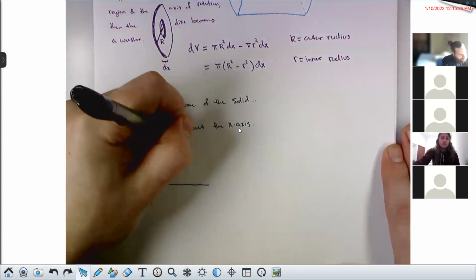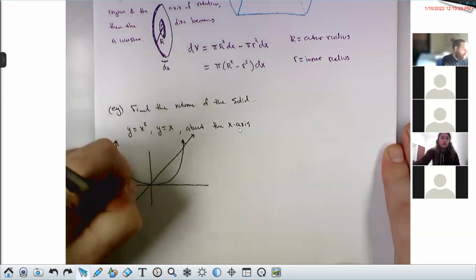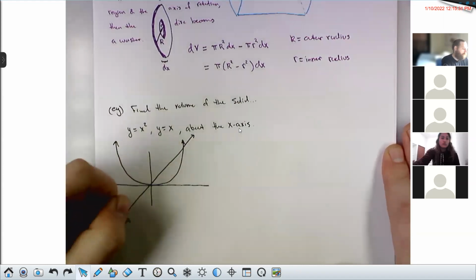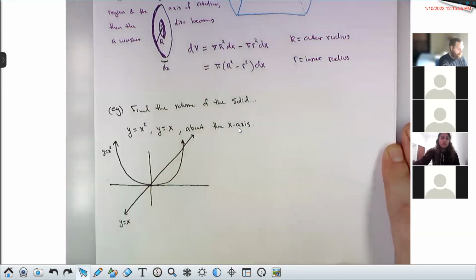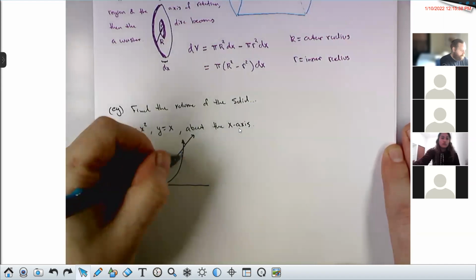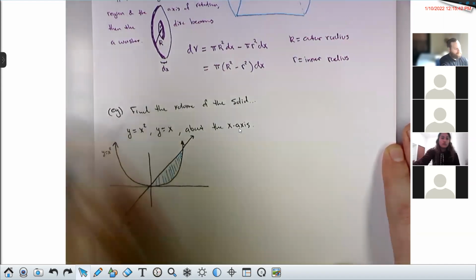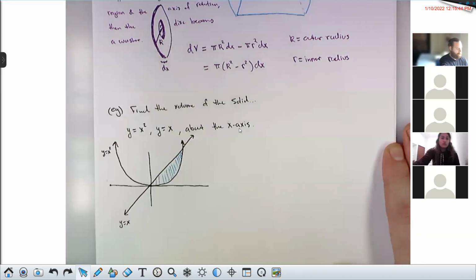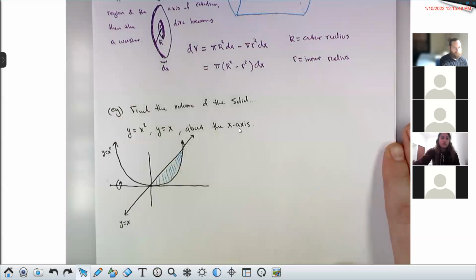Here's the curve y equals x. So my region is this stuff. I'm going to rotate this region about the x-axis.